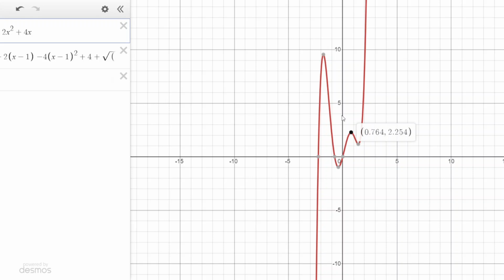Now, this graph has two local minimums. We have one here at negative 0.4 and a second local minimum here at 1.432, where x is 1.432.